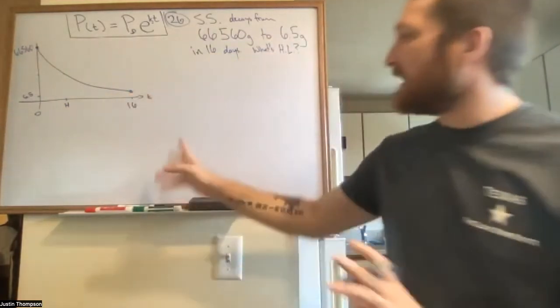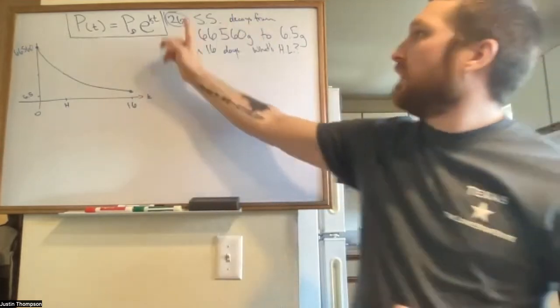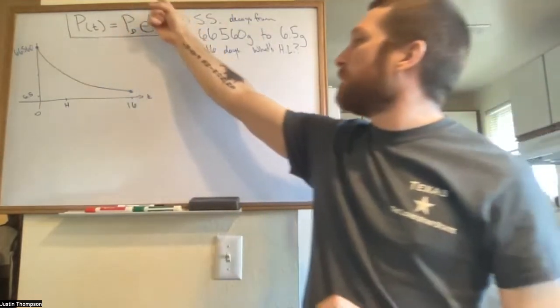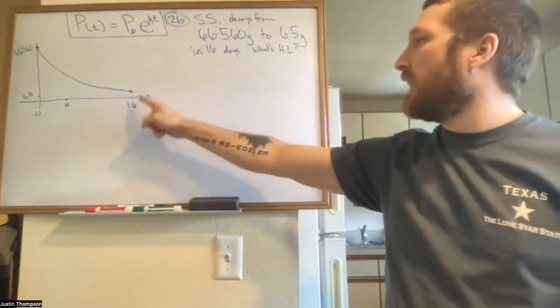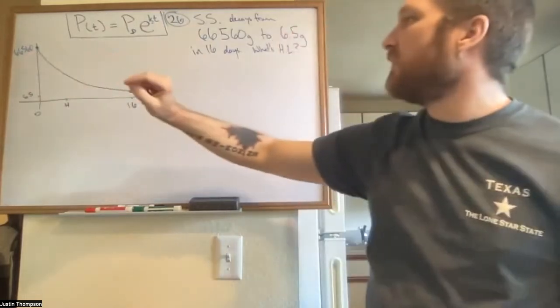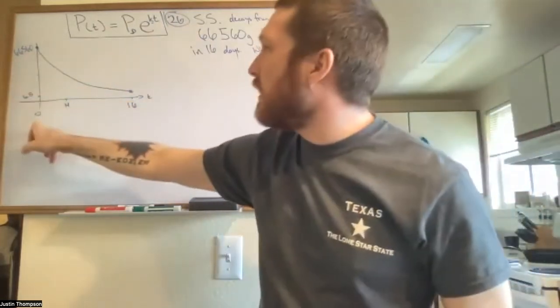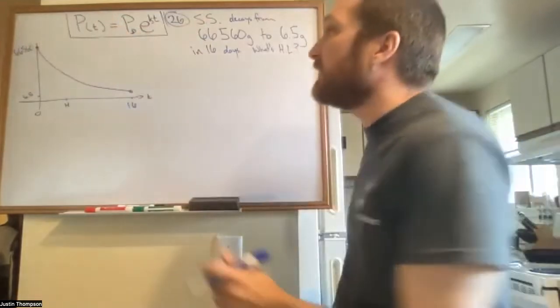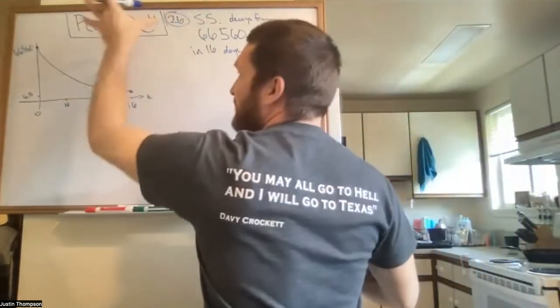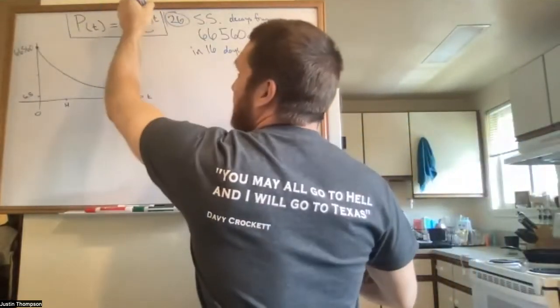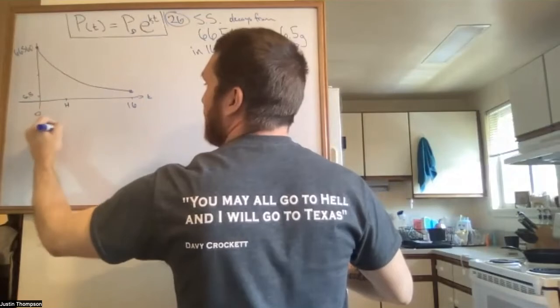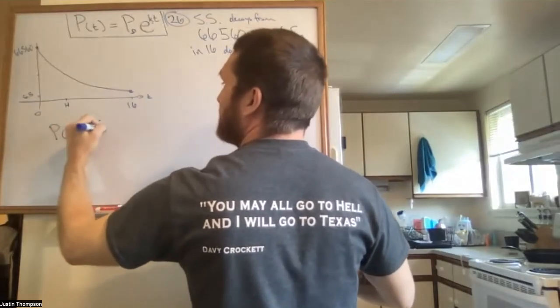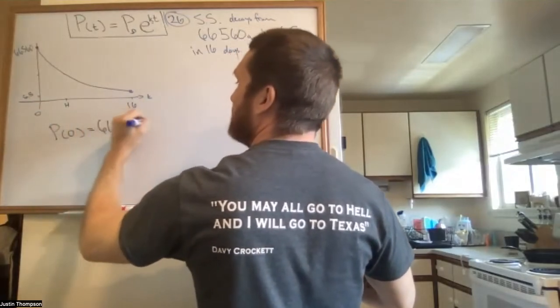So there's my time. I'm looking for a function of this form right here, that when I plug in a 16, I get out a 6.5. When I plug in a 0, I get out, oh, that one's easy. This tells me that when I plug in a 0, P of 0, I get 66,560.